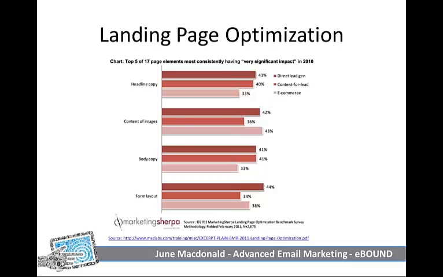This just gives you a little idea, and this is an excerpt from the whole report. If you wanted to download that and get some more tips, that link will be in this deck. There's tons out there on forms and form layout, because every single little thing can make a difference.